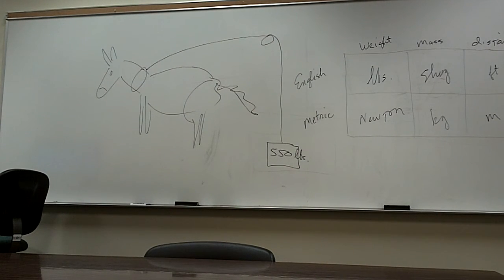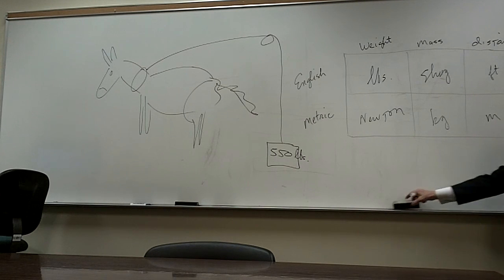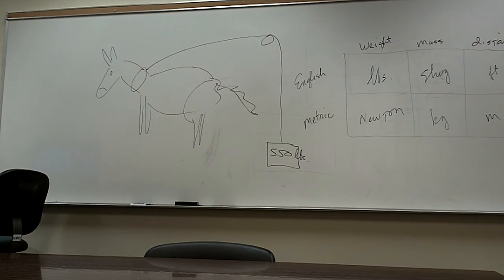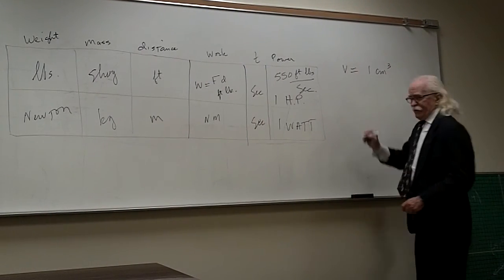I want you to go back now and picture yourself building a little tiny box that's 1 centimeter by 1 centimeter by 1 centimeter. We know for a fact that the volume is 1 cubic centimeter.